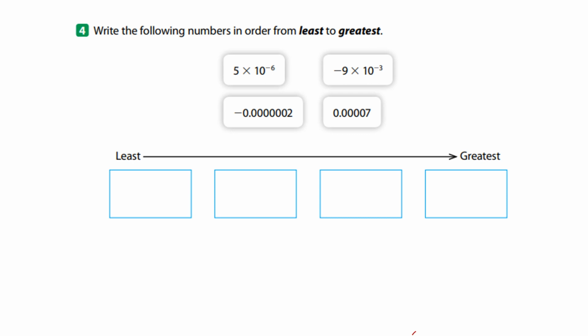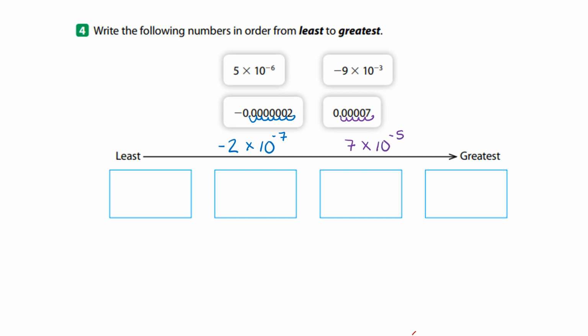I prefer to work in scientific notation, so I'm going to rewrite this problem as 1, 2, 3, 4, 5, 6, 7 times moving the decimal. And so I would get negative 2 times 10 to the negative 7th power. And if I did the same thing to the other number, I would move the decimal point 1, 2, 3, 4, 5 times. So it would give me 7 times 10 to the negative 5th power.